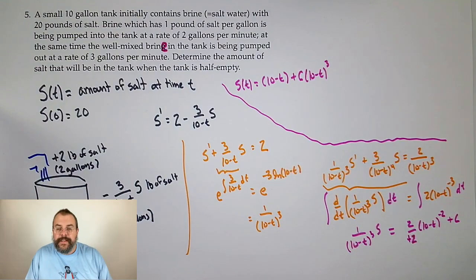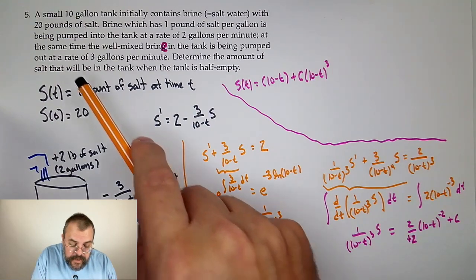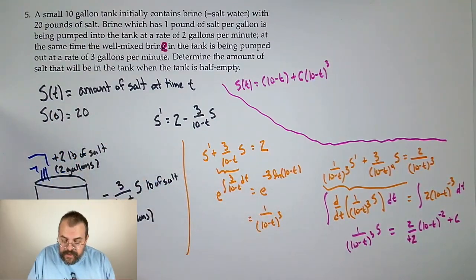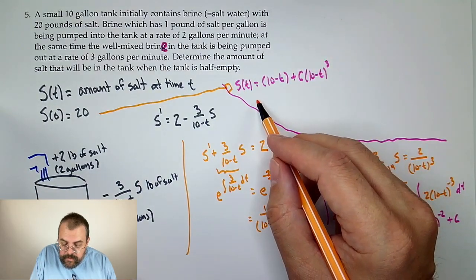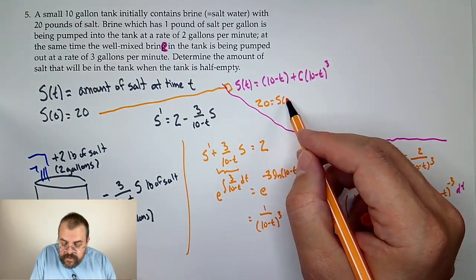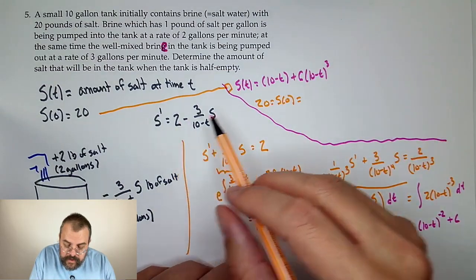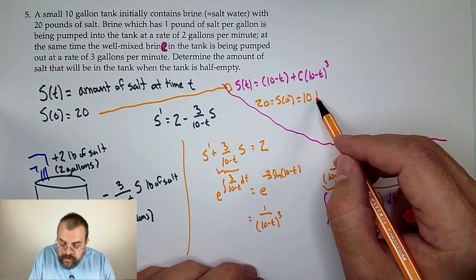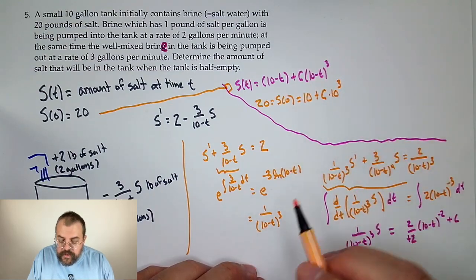All right. Now, what do we know? Well, we know that initially there's 20 pounds. So we have our initial condition. Okay, plug that in. We'll have that 20, which is what happens at 0, is equal to 10 plus some constant c times 10 cubed.